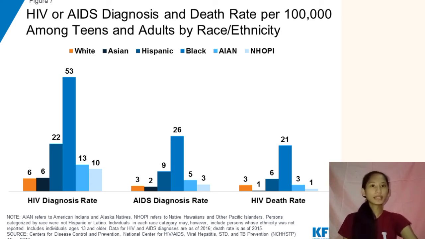But in HIV death rate, the white people have a total of 3 individuals who have passed away due to HIV, and the Hispanic ethnic group has 21 people who have passed away for 2015.